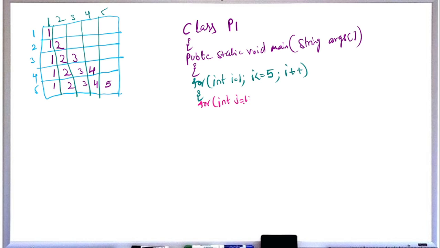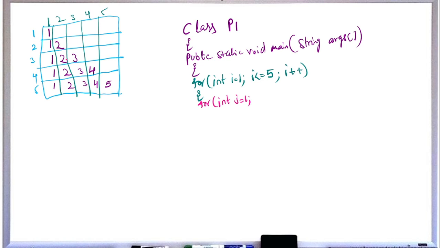Always we begin with 1. Now, the end condition is very important. In the first row we are printing only one value, in the second row two values, in the third row three values, in the sense three columns.